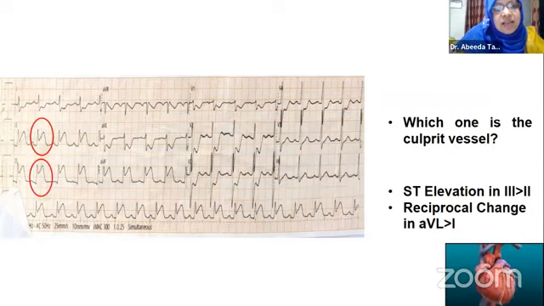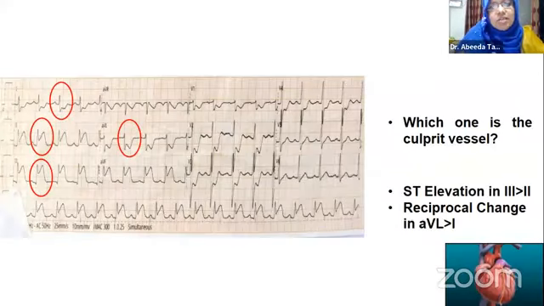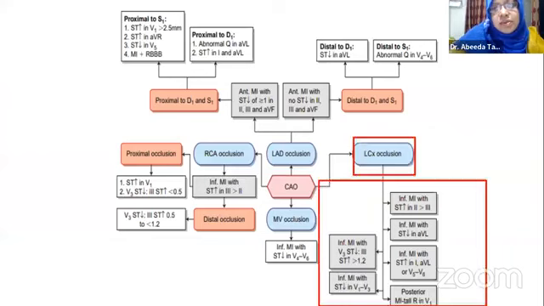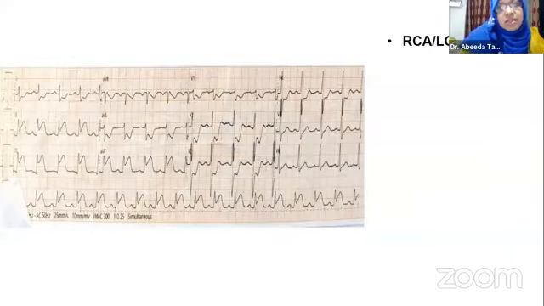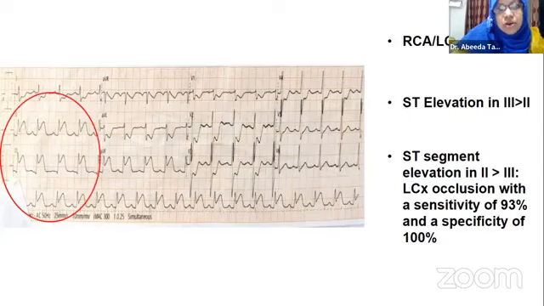In this ECG, the ST elevation in lead 3 is indeed more than lead 2, with reciprocal change in AVL. But is the culprit vessel RCA or LCX? In some literature that I found, ST elevation in lead 2 more than lead 3 goes in favor of LCX occlusion.